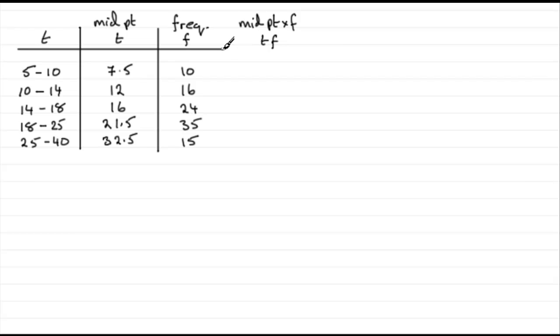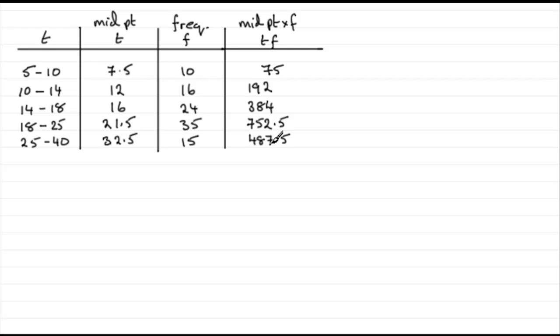So if we were to do that, for the first one, just draw a column down there. For the first one, you do T, 7.5, times F, that's going to be 75. Repeat that for 12 times 16, 16 times 24, and so on, and you should get these values here.